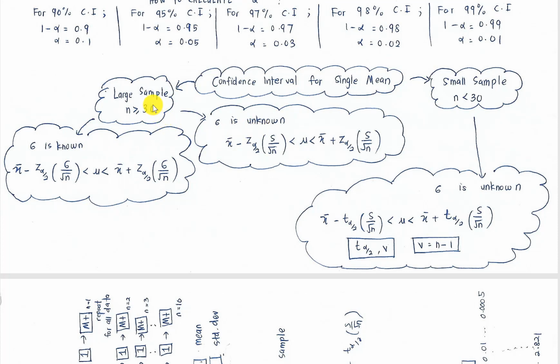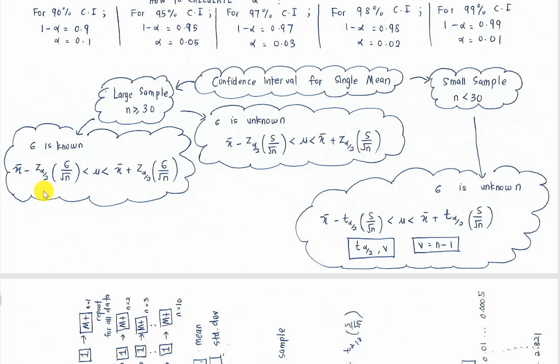For the large sample, when your n is greater than or equal to 30, when the question gives the standard deviation, that means you know the standard deviation, then you must use this formula. But if the question does not give the standard deviation, that means your standard deviation is unknown, so you must use this formula.